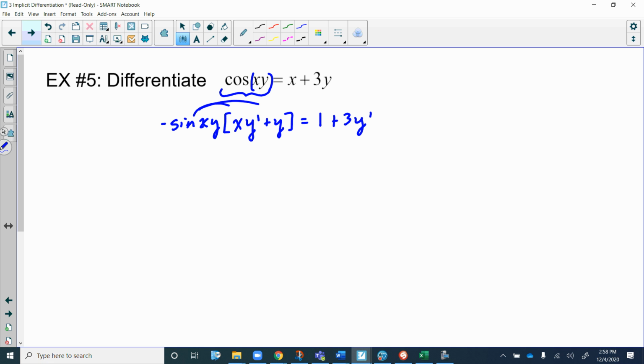So that'll be, in this case, x, or negative x times the sine of xy plus, nope, let me back that up a little bit because I'm missing my y prime.